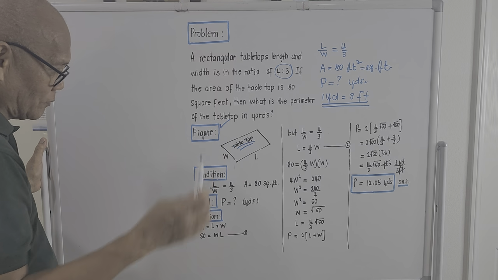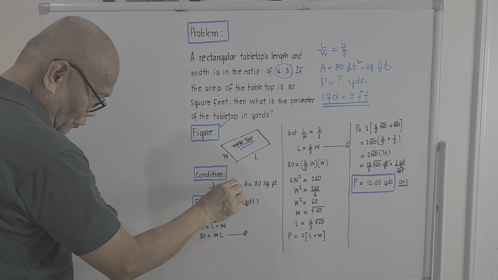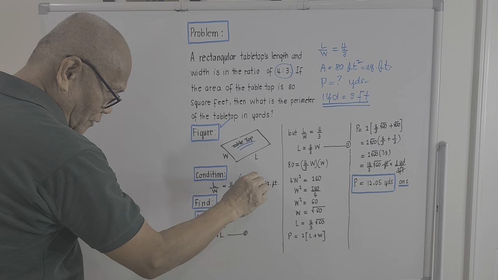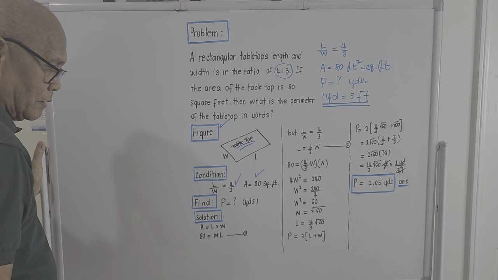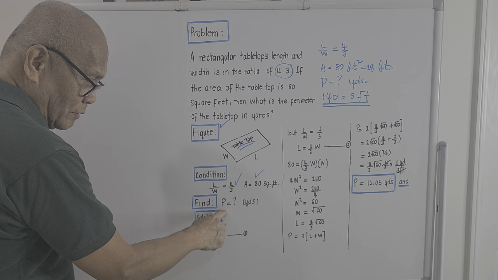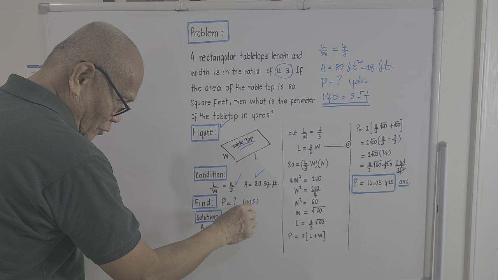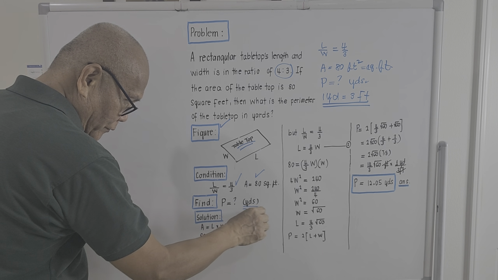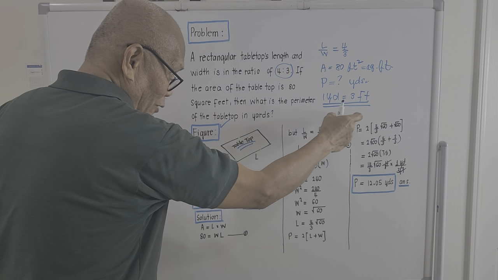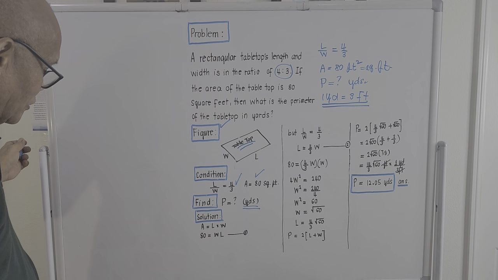The ratio of length over width is 4/3, and the area is 80 square feet. The problem is asking for the perimeter, and we must bring out our answer in yards. There's no problem with that because I will be using this conversion factor. Let's try to bring out the solution.